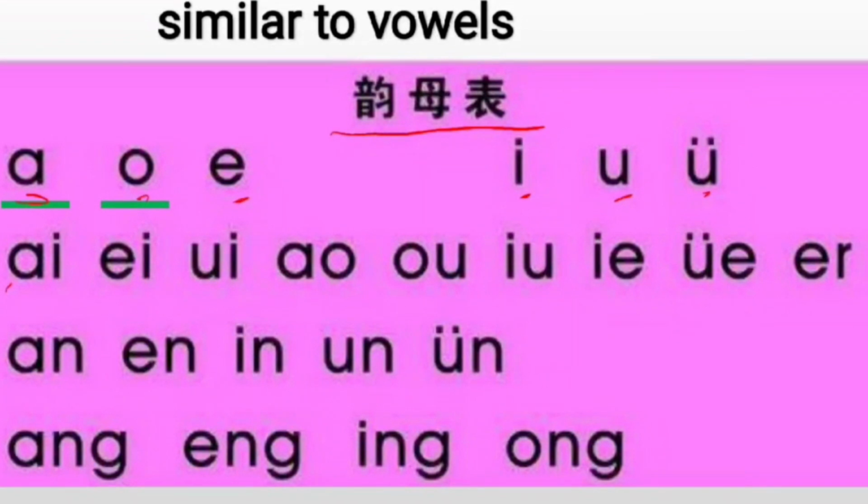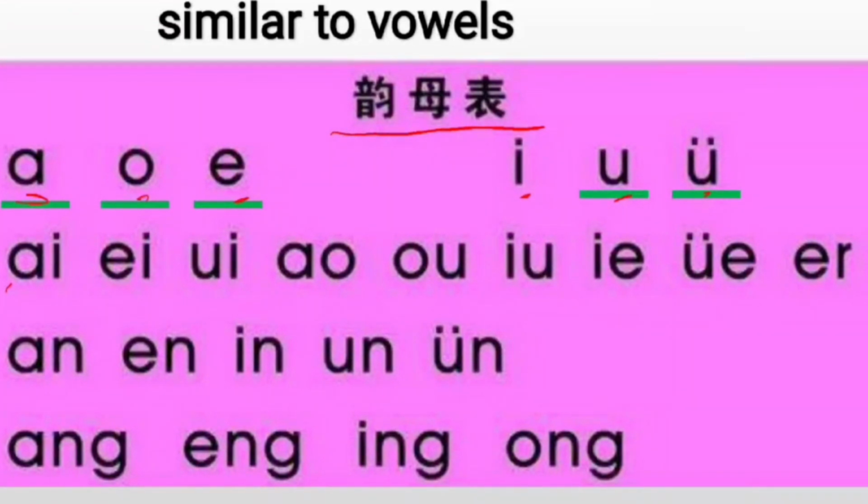Wo. Letter O is not the same sound as in English, but here it is wo. Then I is pretty similar to the English sound, but U is never a, it's U, Ü. So you have to make yourself familiar with these sounds.